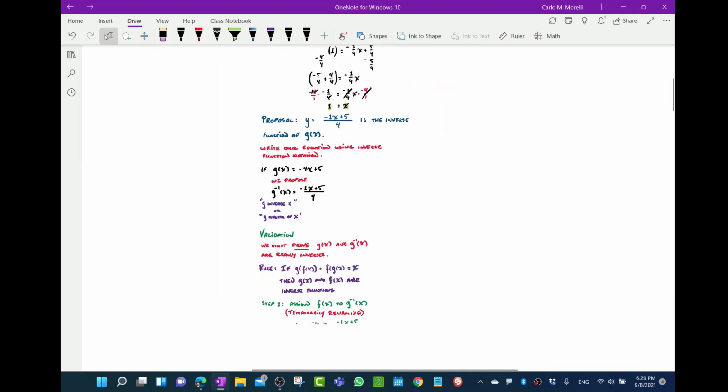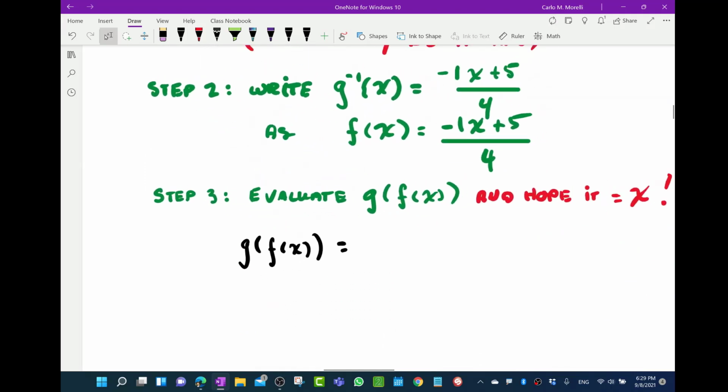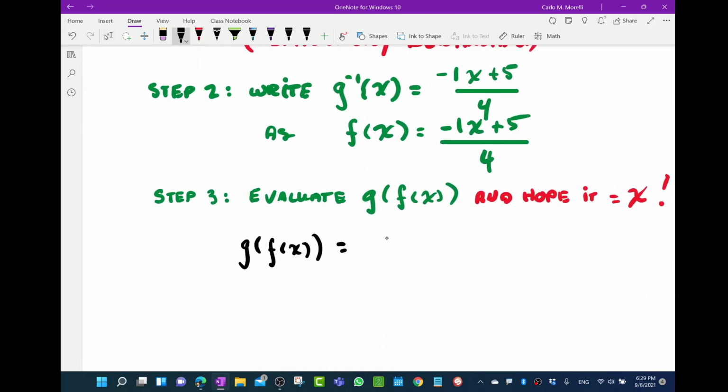All right, so let's go down to here and write negative 4. Okay, and now I'm going to do an open parentheses. Remember, it was negative 4x plus 5. I'm going to do an open parentheses and put in here f of x, because I'm evaluating the g function at the function f of x. Okay, so it's kind of weird. And then this was plus 5.